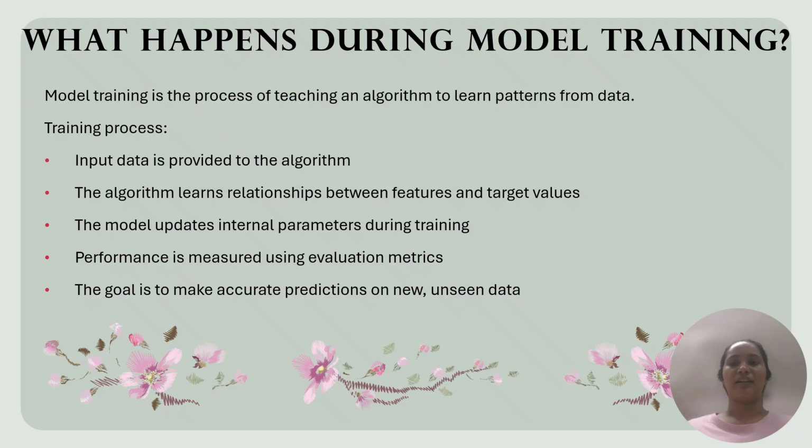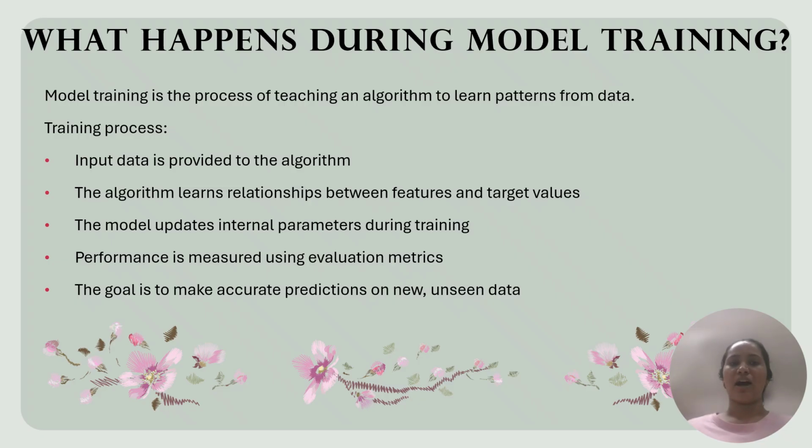This data contains features, which are the pieces of information used to make predictions, and target values, which represent the correct answers. As the algorithm processes the data, it learns the relationship between the features and the target values. During this process, the model continuously adjusts its internal parameters to reduce errors and improve its predictions.